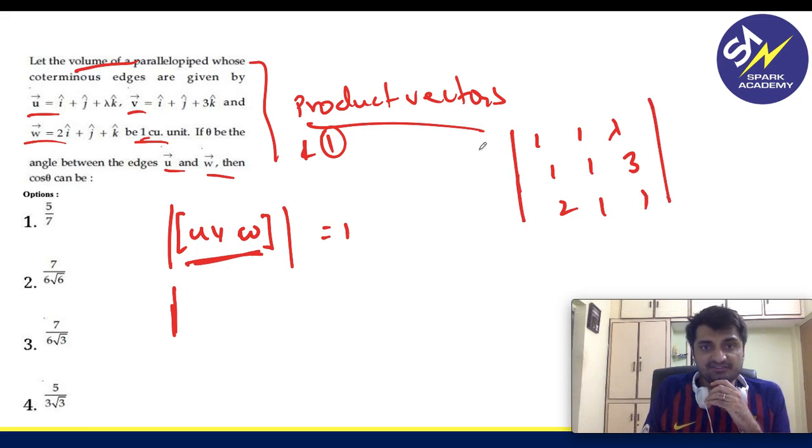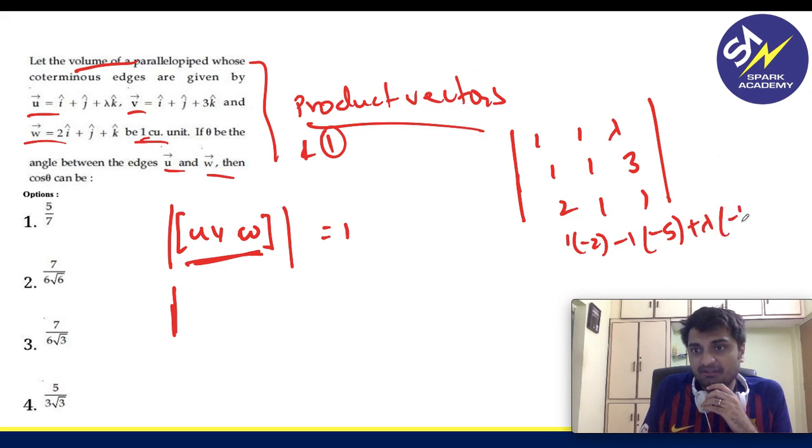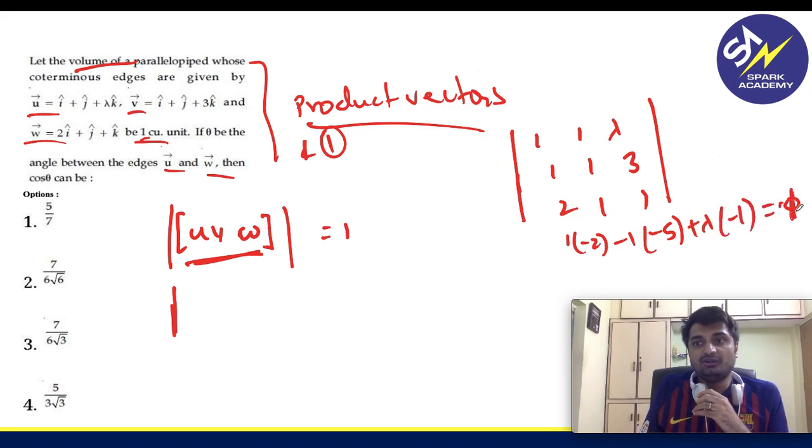So if we are doing this, mod of it, this is like 1 into (1 minus 3) is minus 2, minus 1 into (1 minus 6) is minus 5, plus lambda into (1 minus 2) is minus 1. That is given as plus or minus 1, guys. It's given as plus or minus because it's mod, right? That's volume, right? So plus or minus 1.